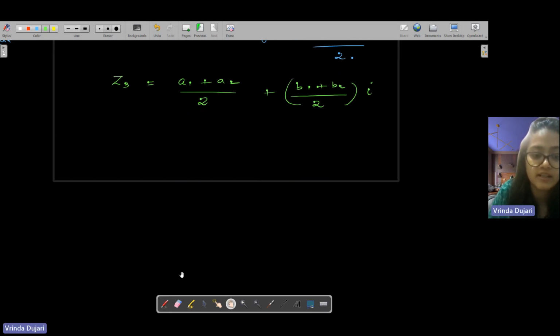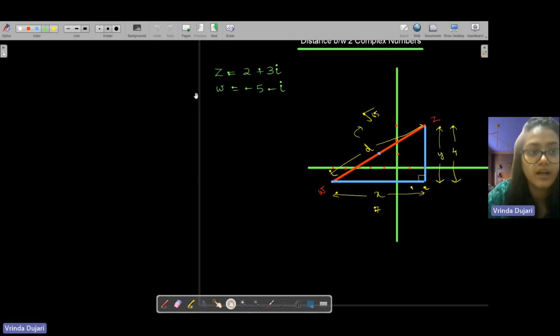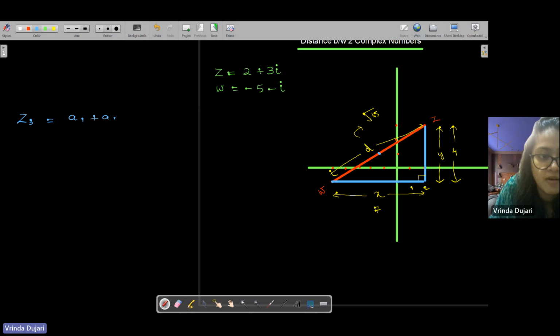Okay, so let's apply this rule and find the midpoint of these two complex numbers. I'm going to write down this formula over here. So Z3 is going to be A1 plus A2 by 2 plus B1 plus B2 by 2 times i.